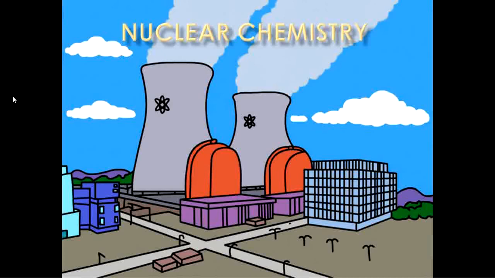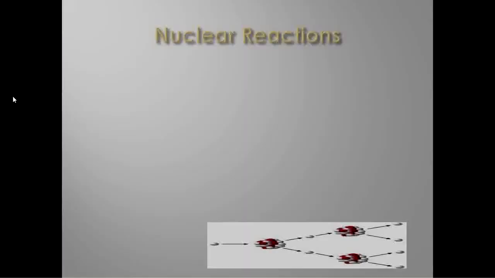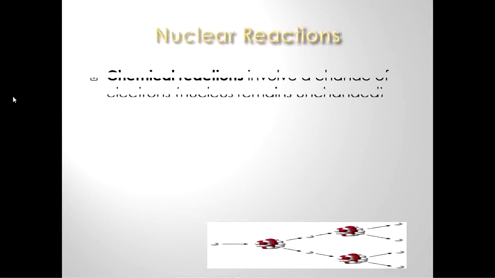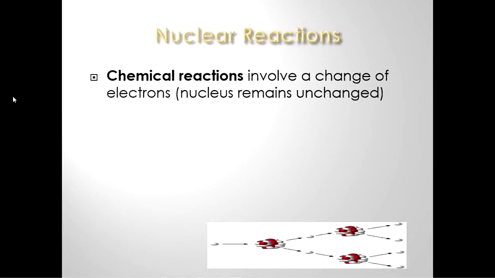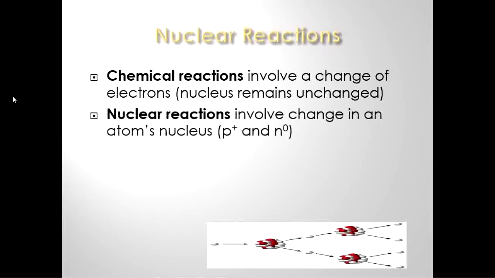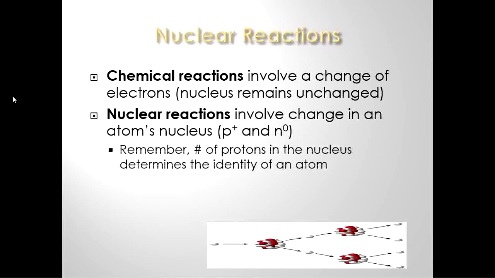So let's jump into what nuclear reactions are all about. Chemical reactions, which will be the focus for the rest of the year, involve a change of electrons, meaning the nucleus does not change. But here today, we are focusing on nuclear reactions, which involve a change in the nucleus, which means our protons and neutrons change.